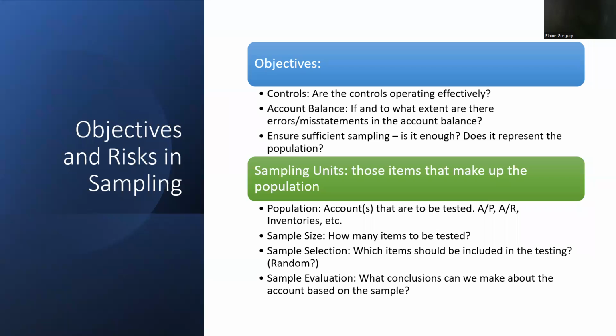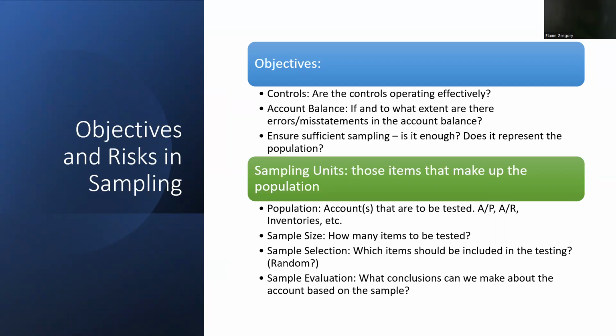So our objective is, if we're looking at internal controls or the control risk, are the controls that management is asserting operating effectively? For example, if they're stating that they secure some of their assets, you want to go out and look. You want to make sure that that is going on.